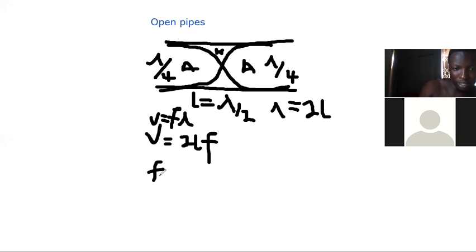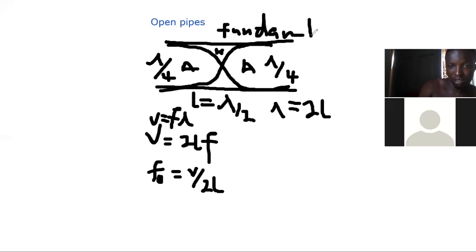You can also name it f naught. So that'll be v all over 2L. So that can be our first. These are the fundamental notes, the fundamental mode of vibration. Now we can check our first overtone.